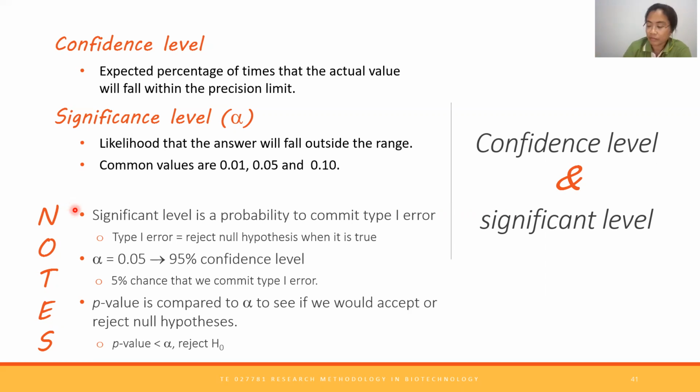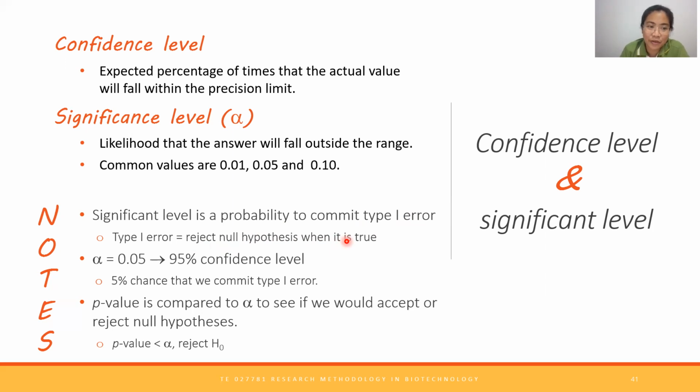So the significance level is the probability of committing a type 1 error. A type 1 error means you reject the null hypothesis when it is actually true. That means you conclude wrong.